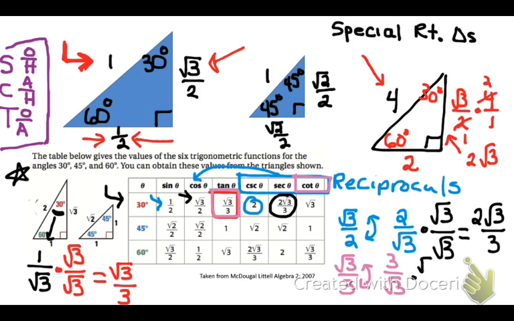So we're going to multiply by square root 3 over square root 3. So 3 square root 3 over square root of 9, which is 3. And then we should be able to see that our 3's can cancel. And that's where the square root 3 comes from. And we could do this for 45 degrees and 60 degrees, but we're going to move on to something else.